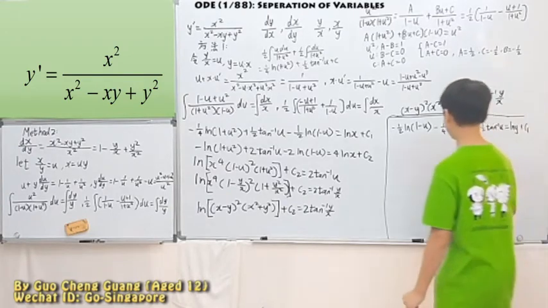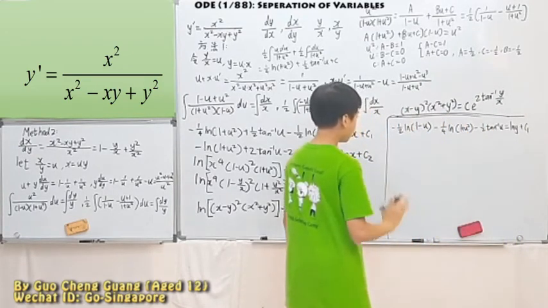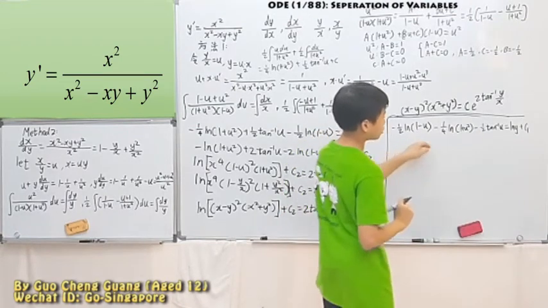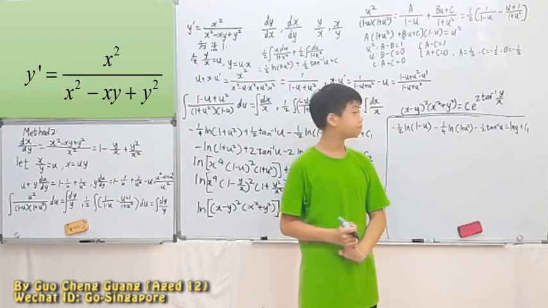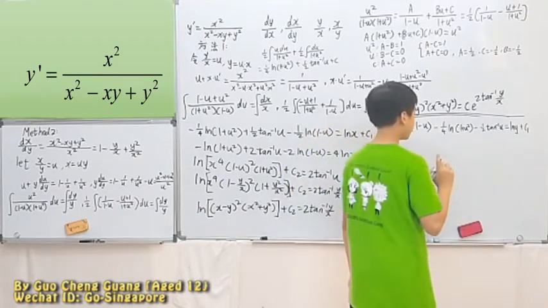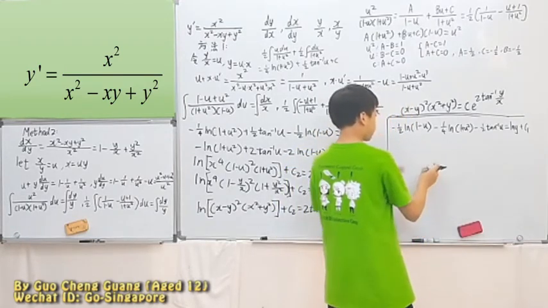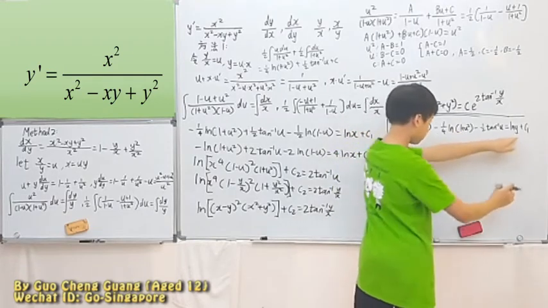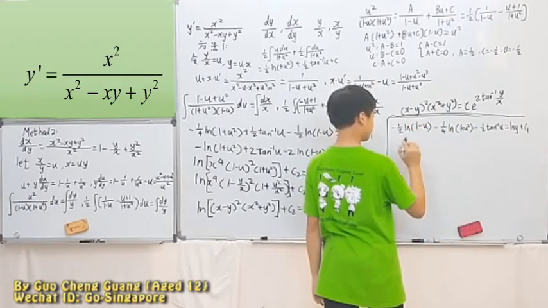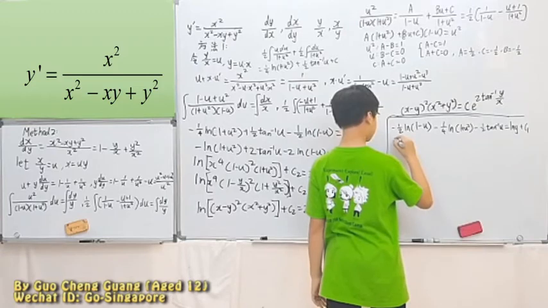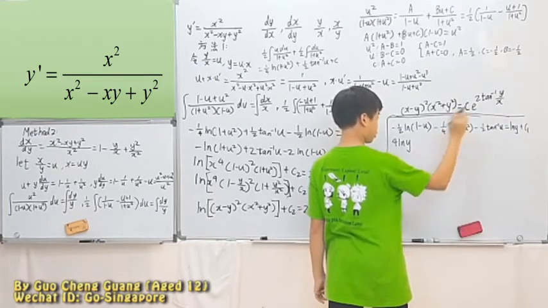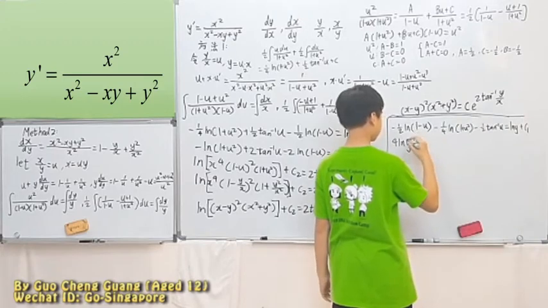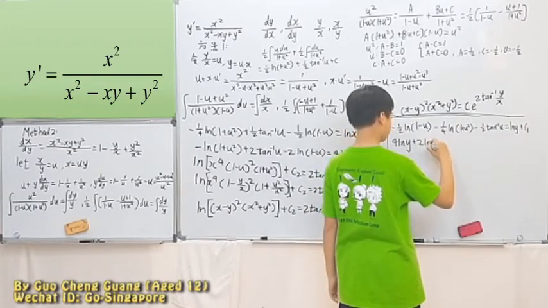So here's your first arbitrary constant c. After that, you can multiply both sides by 4 to remove all these fractions. Then at the same time, you can also put these two logs over here. So this moves to the other side, plus times 4, here's a 2.